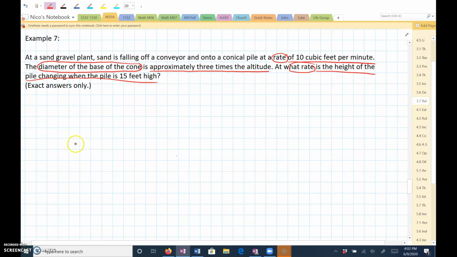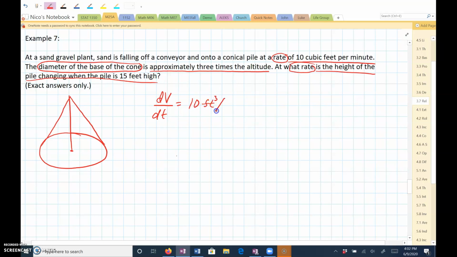Alright, so we've got a conical pile. The sand is falling off the conveyor onto a conical pile at a rate, so we'll say dV/dt, where V is volume, equals 10 cubic feet per minute.